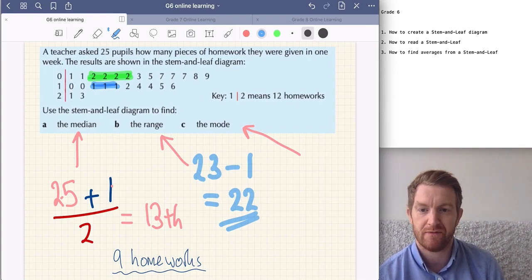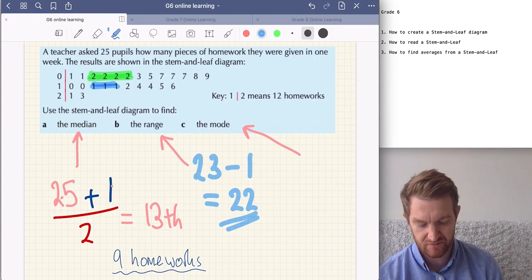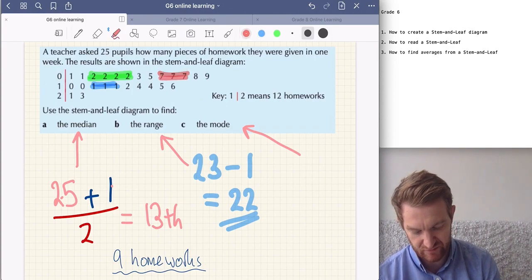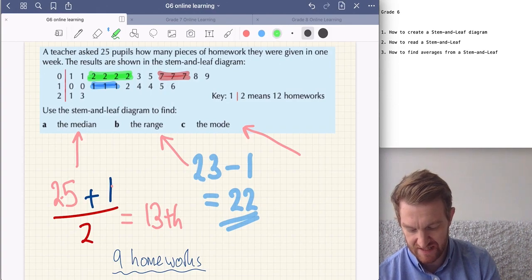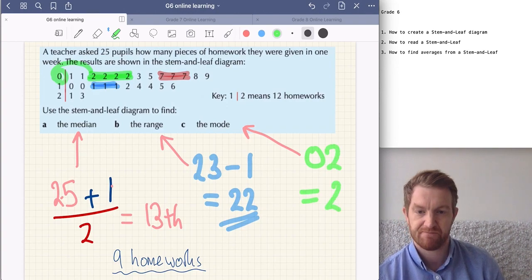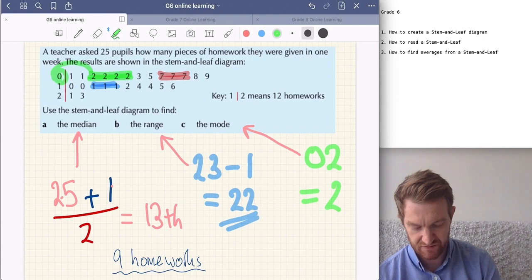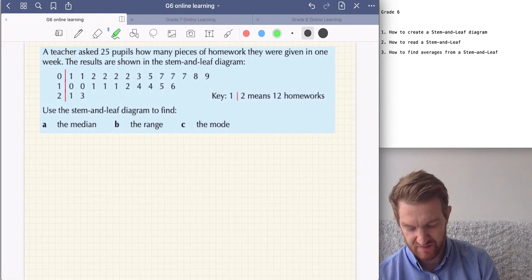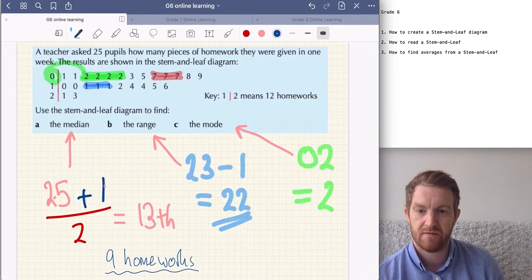We've also got 3 11s and 3 7s. So the most common number we can see is this 2, but that 2 is actually 0 2, so it's just 2. So we can say the median is 9, the range is 22, and the mode is 2 because of that.